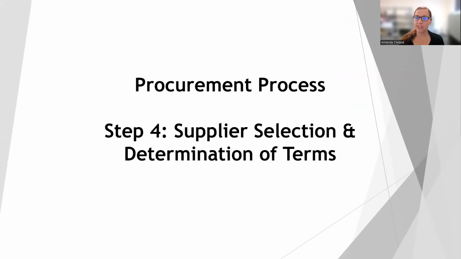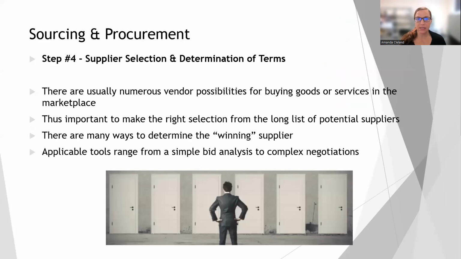So let's talk about step 4, supplier selection and determination of terms. Usually, just like us as consumers buying things on the marketplace, there are a lot of different products, brands, stores, retailers. There's going to be a lot of different supplier possibilities for buying goods and services in the business marketplace.